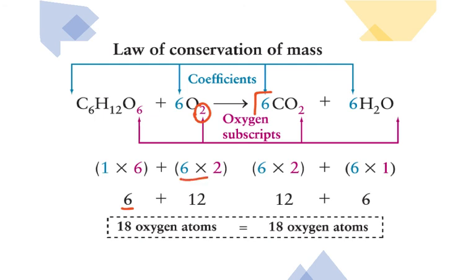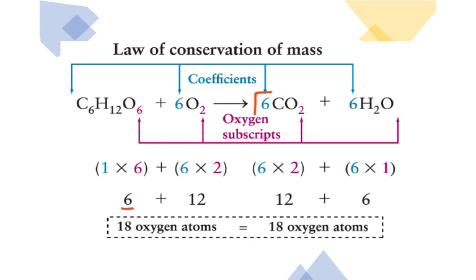So we have 6 times 2, we have 12, for a total of 18 oxygen atoms on the reactant side. And over on the product side, we have CO2 with 2 oxygens, but we have 6 of those, which gives us 12. And each water has 1, and we have 6 waters, so that gives us 6, so that gives us 18, and it is equal.